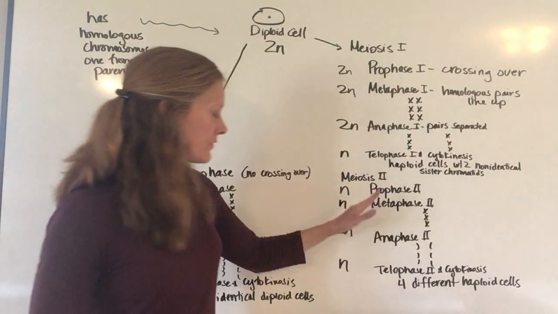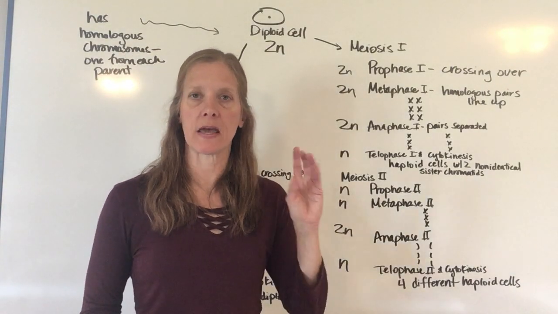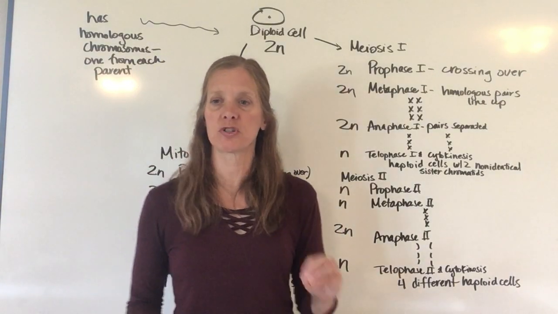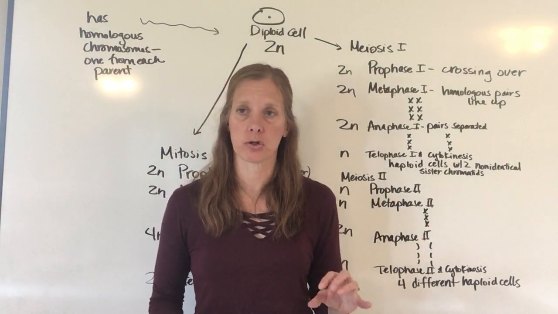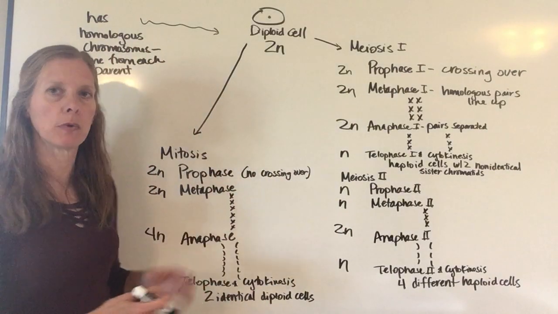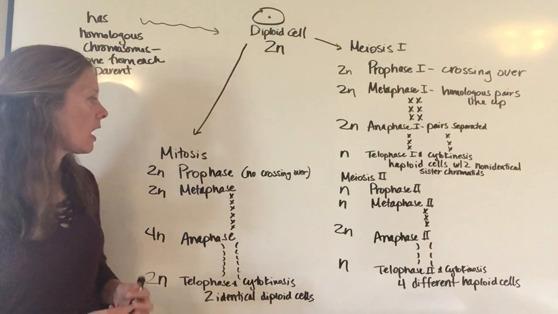Okay, so for the end of the process here, for females, you have 1 egg and 3 polar bodies that are not functional, but for males, you're going to have 4 sperm, and they are all functional. Okay, so hopefully this diagram helps you make some sense out of the difference between mitosis and meiosis.